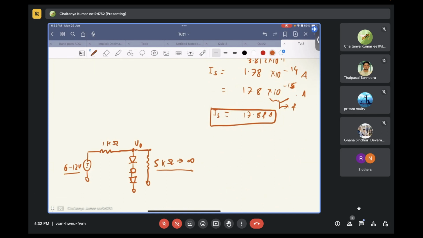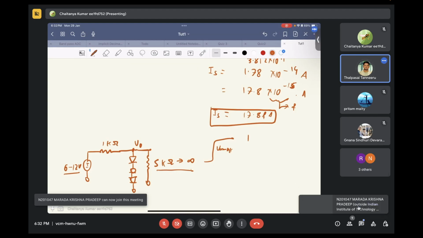Okay. So, can anyone tell me what will be the scenario for the output voltage to be maximum? Open circuit, sir. If it is open circuit, output voltage should be maximum. Open circuit, as in what will be the value of RL? It should be infinity. So, for the condition of VO max, what will be the input voltage? 12 volts.